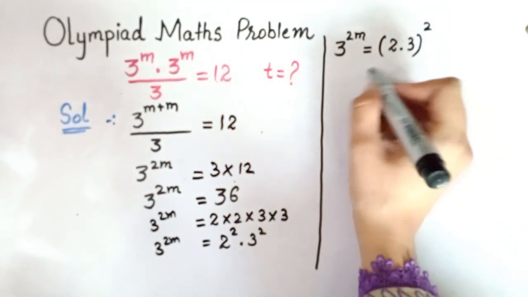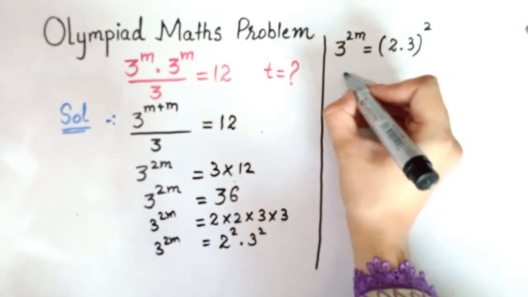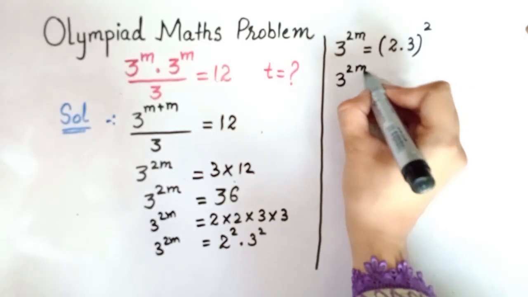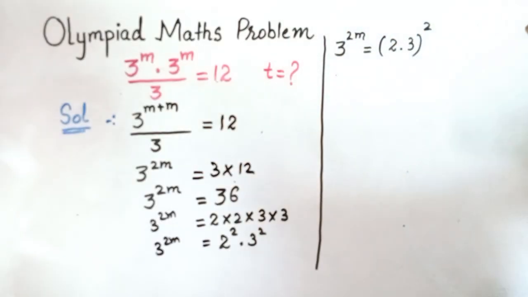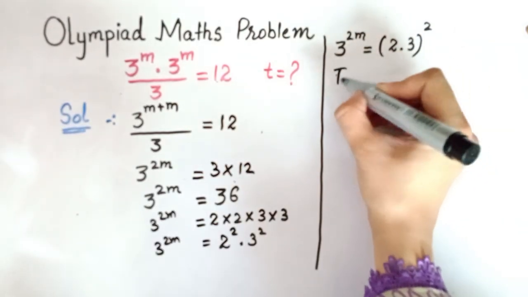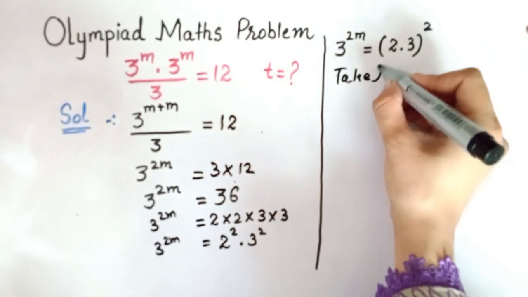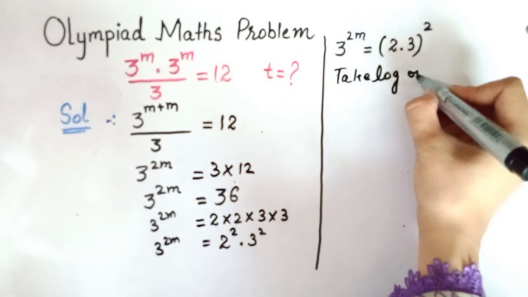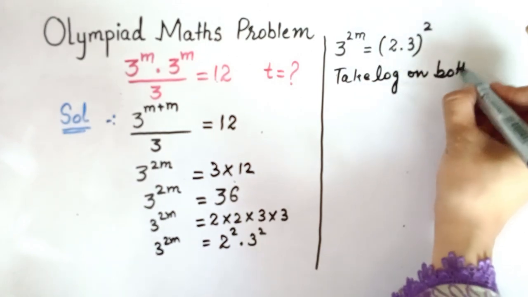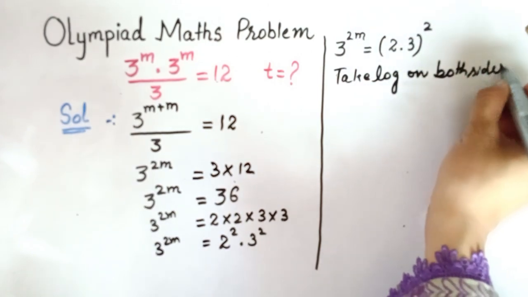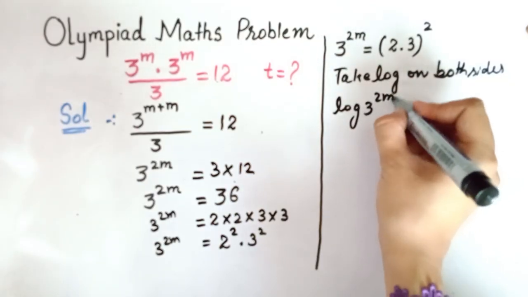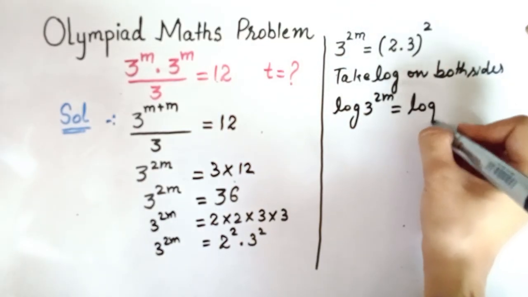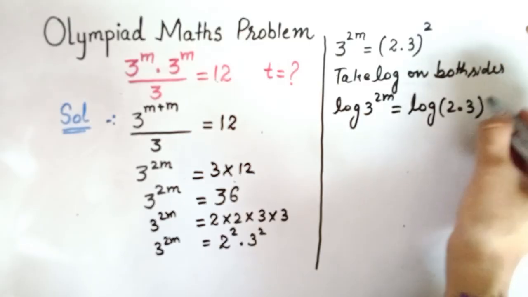Now we will solve this as we get 3 raised to power 2m, and then take log on both sides to solve this further. So take log on both sides, we get log of 3 raised to power 2m equals log of 2 into 3 power 2.